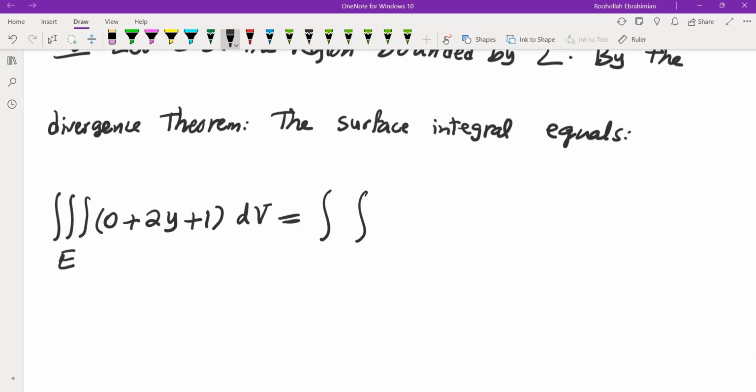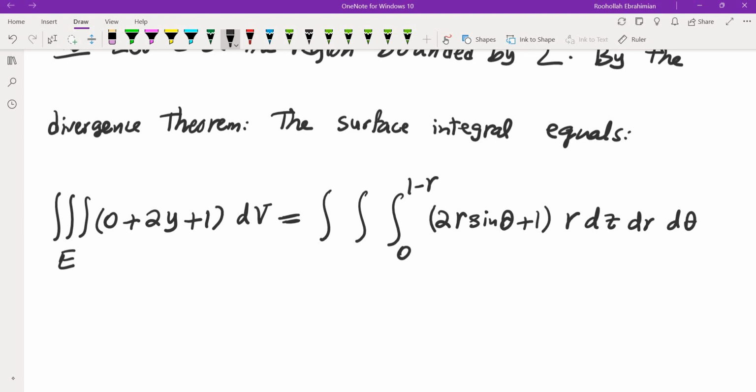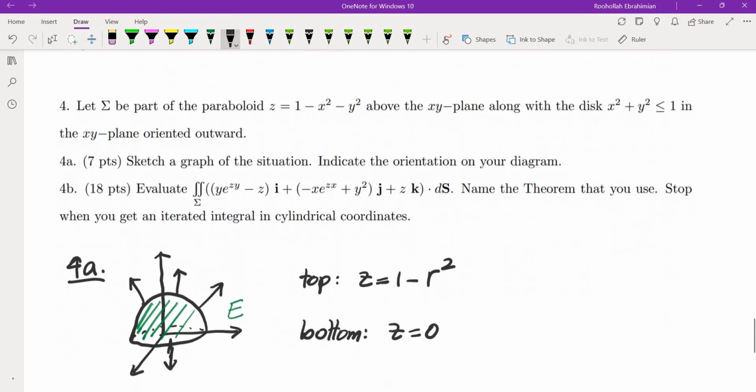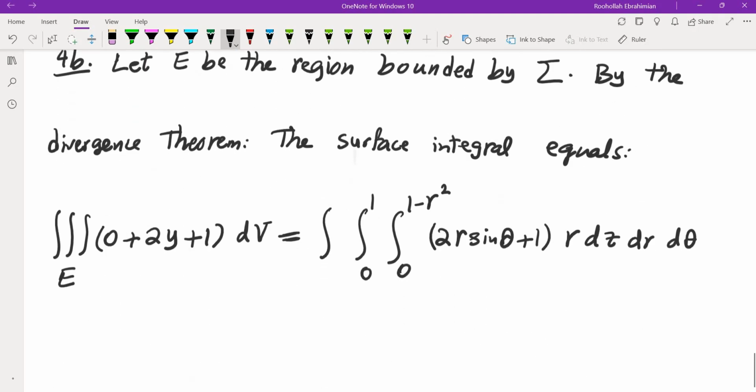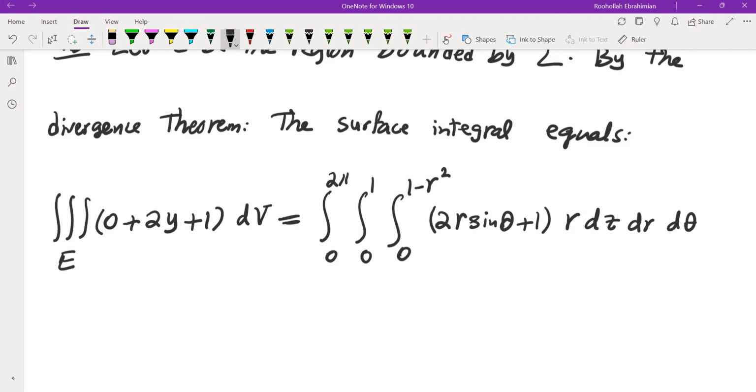So when we use cylindrical coordinates, y is r sine theta, dV is r dz dr d theta. z goes from the bottom of 0 to the top of 1 minus r squared. r goes from 0 to 1 because the projection on the xy plane is of radius 1, because the bottom is a disk, x squared plus y squared less than or equal to 1. So 0 to 1, and theta goes from 0 to 2 pi.